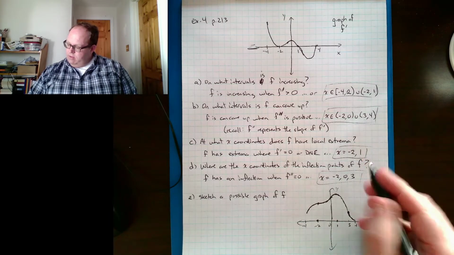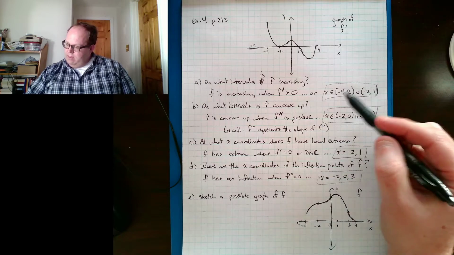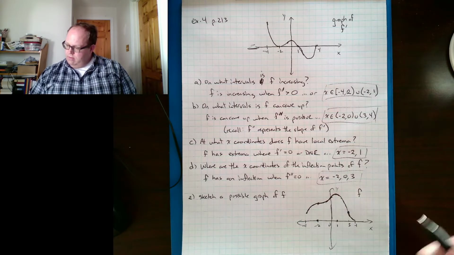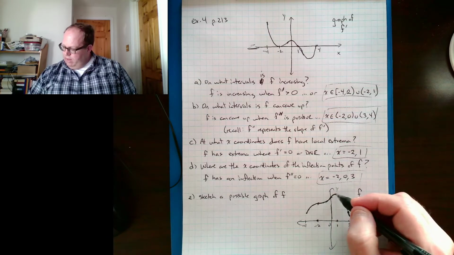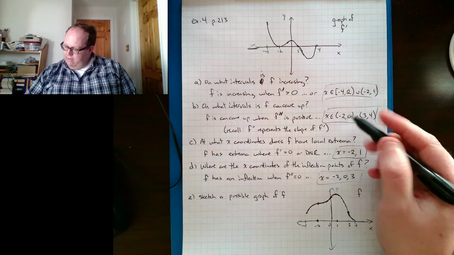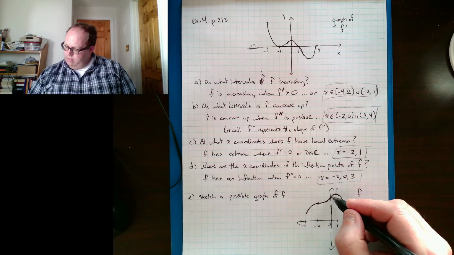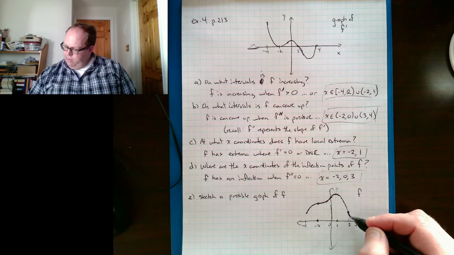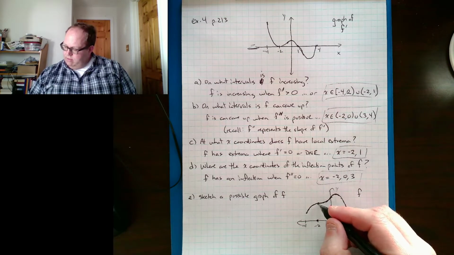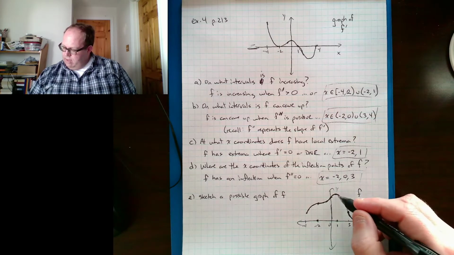The function, so this is f. F is increasing between -4 and 2, which it is, and between -2 and 1, which it is. It's concave up from -2 to 0, and from 3 to 4. It has extreme values at -2 and at 1.